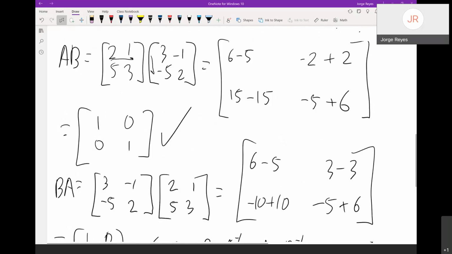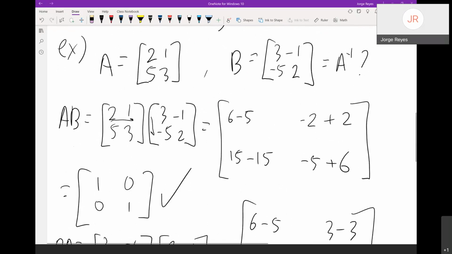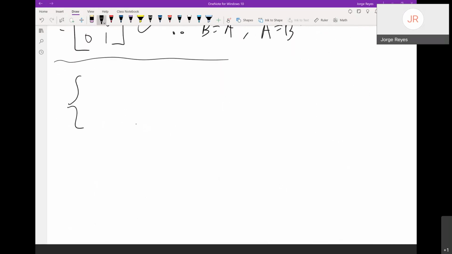Now if you remember from the last section, I told you if we know a matrix's inverse, we can solve systems. So let's look at this system. If I have 2x plus y, 5x plus 3y equals some stuff, like 1, 2.